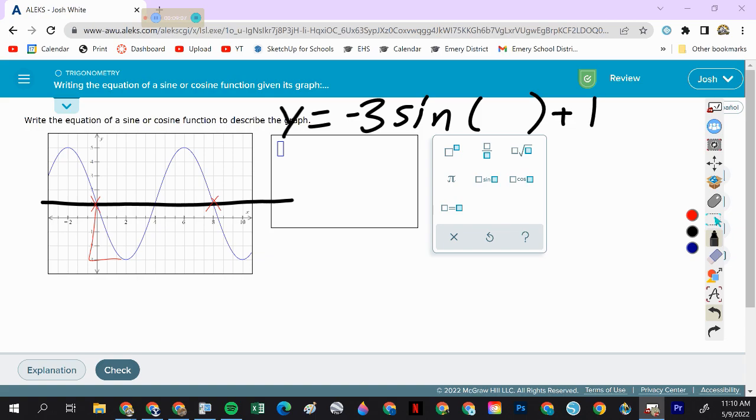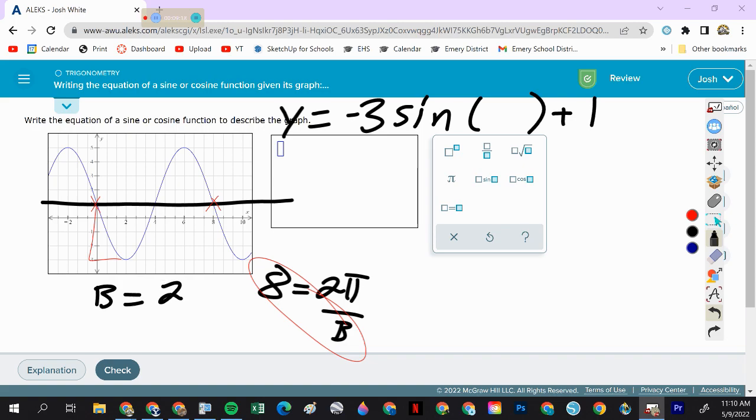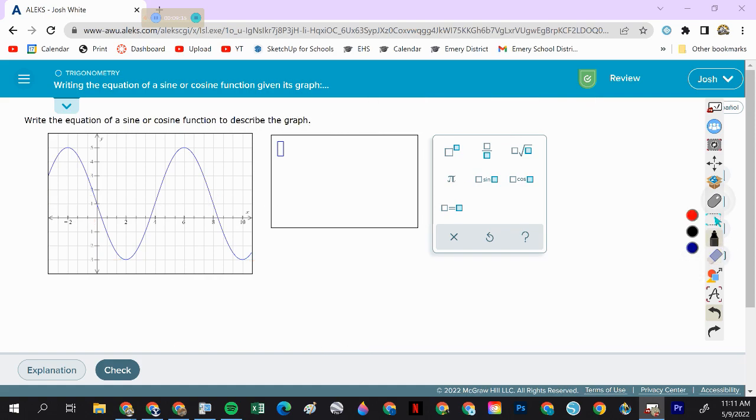So we stick it in the formula. 8 equals 2 pi over B. And then we just switch places with the 8 and the B. So B is 2 pi over 8, which ends up being pi over 4. And that's the number that goes in here. So pi over 4 x. Does that make sense?